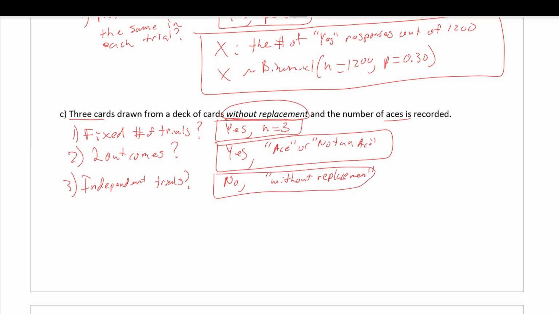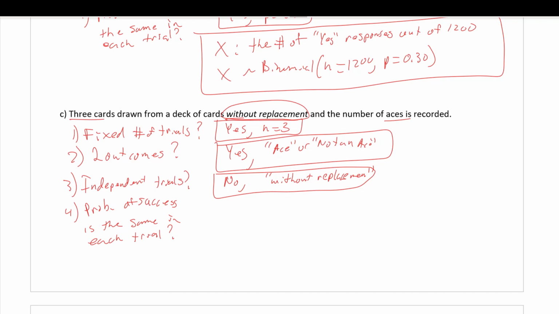We can go with the fourth one just to be complete here. The probability of success is the same in each trial. Again, the probability of success in the first one was what? There's only 4 aces out of 52 cards. In the second trial, it would change, right?